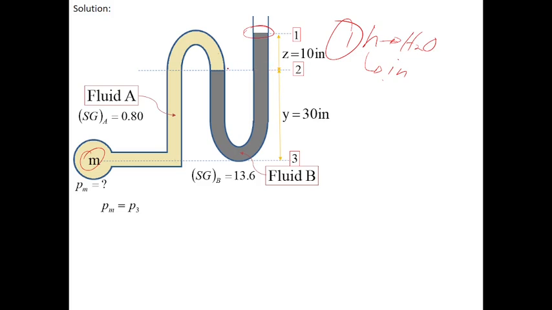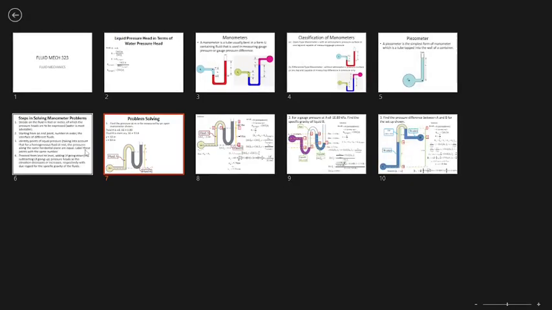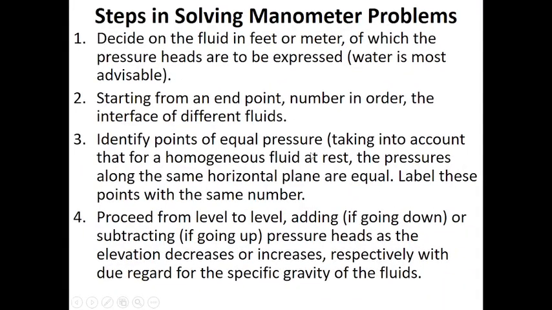This is point 2. Same as here, this is also point 2. So this is point 2 and this is point 2 with the same level. If they are at the same horizontal plane, their pressures are equal. Label these points with the same number.